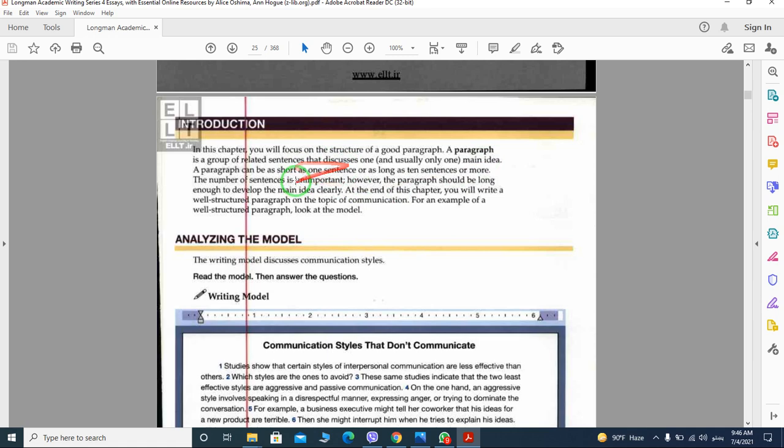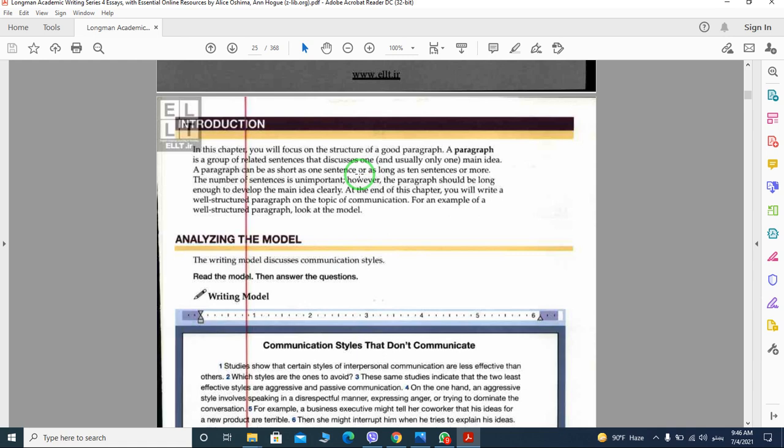A paragraph can be as short as one sentence or as long as 10 sentences or more. When we say as short as one sentence, we can have pretty long sentences in the English language. So if you make a compound-complex sentence, it can be of a good size. The main point is it's not the size of the paragraph, it's whether the paragraph adequately, sufficiently explains the topic.